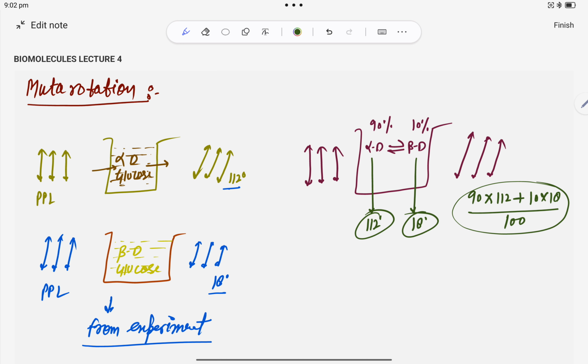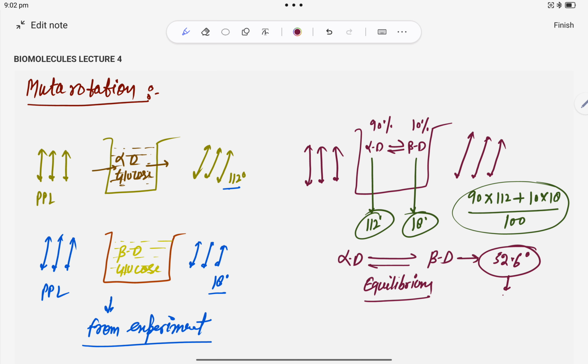But the thing is, children, alpha-D converts into beta-D till equilibrium. At the time of equilibrium the angle is 52.6 degrees. How do I know?